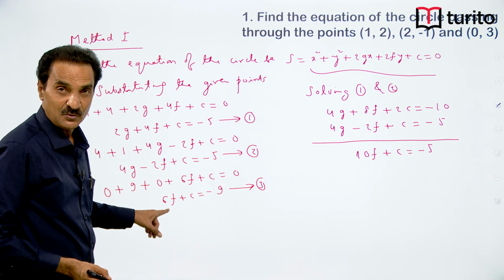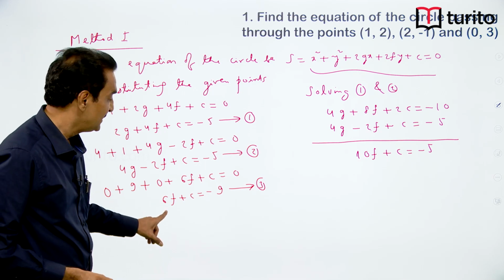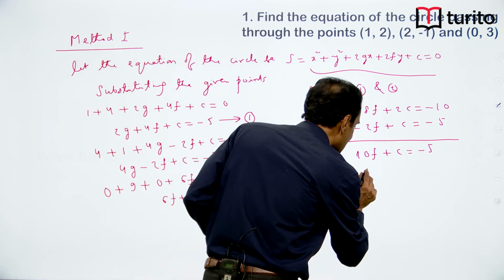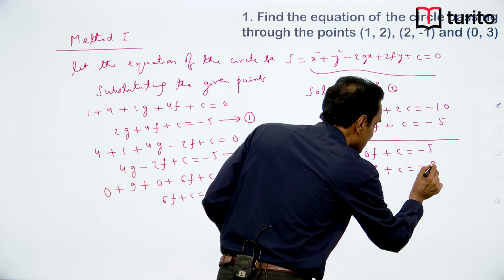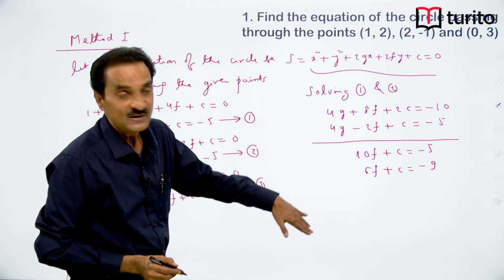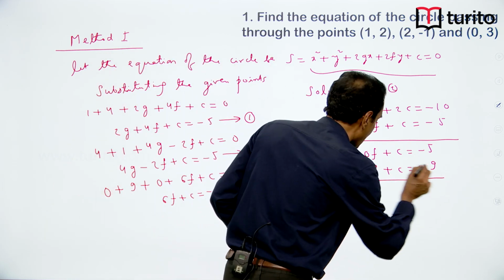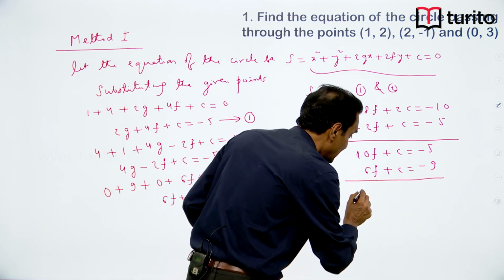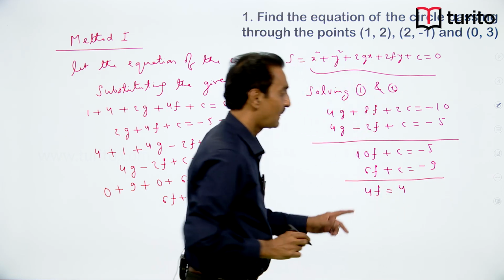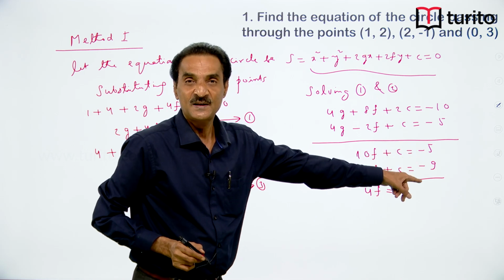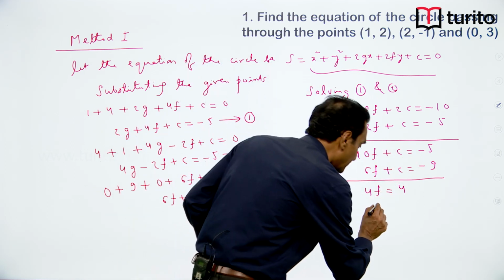And we have another equation in f and c. Write it here, 6f plus c is equal to minus 9. Now again subtracting, we get this minus this, 10 minus 6, 4f is equal to 4. Minus 5 plus 9 is 4. So we will get f is equal to 1.